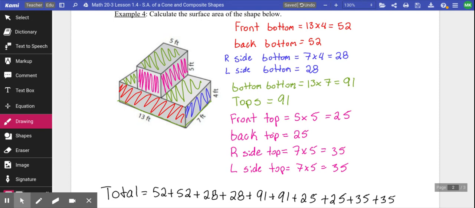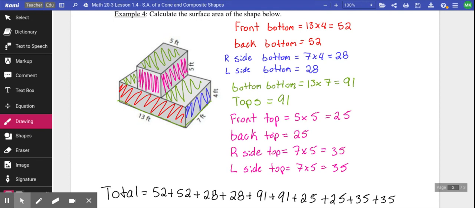That's another 180, that's 260, that's 342, that's 392, plus 70 is 462.